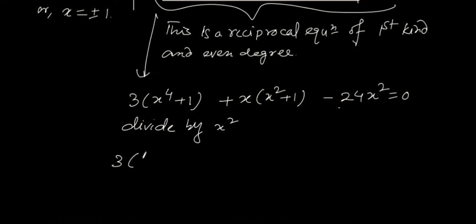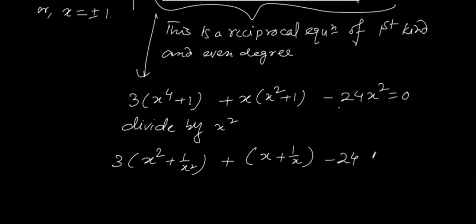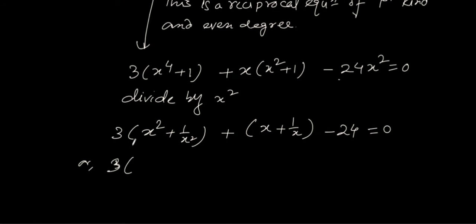So what will we get? 3 times x square plus 1 by x square, then x plus 1 by x, then negative 24 equals 0. Now make x square plus 1 by x square a perfect square.